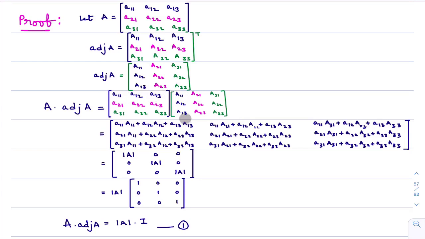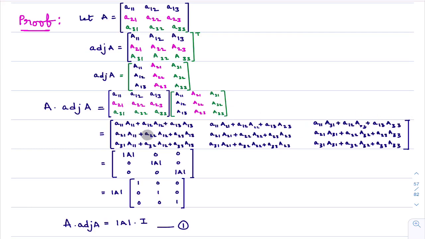First row, first column: corresponding elements you multiply and add them. A11 into capital A11 plus A12 into capital A12 plus A13 into capital A13. First row, first column is over. Now first row, second column: corresponding elements you multiply and then add them. First row, third column. Like that.